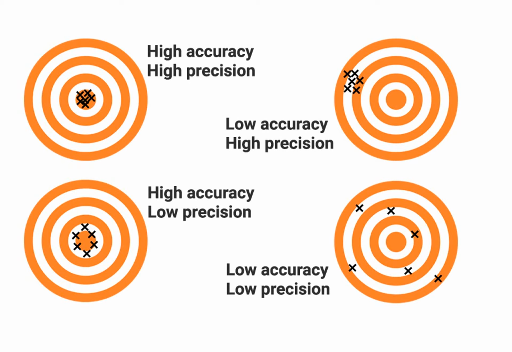So this image shows high precision but very low accuracy because it is away from the target. Now see the fourth image, the bottom right hand side image. There are 6 values, but they have fallen at different places. They are not even close to the target, and repeatability is not there.